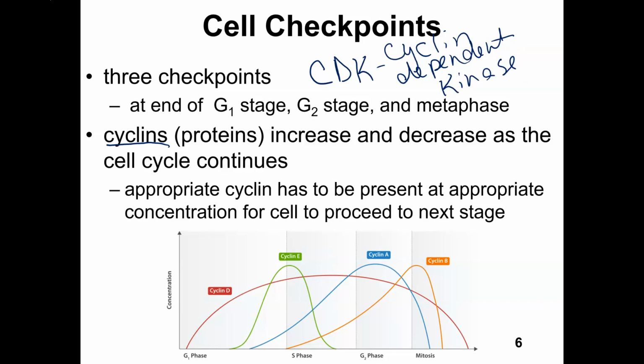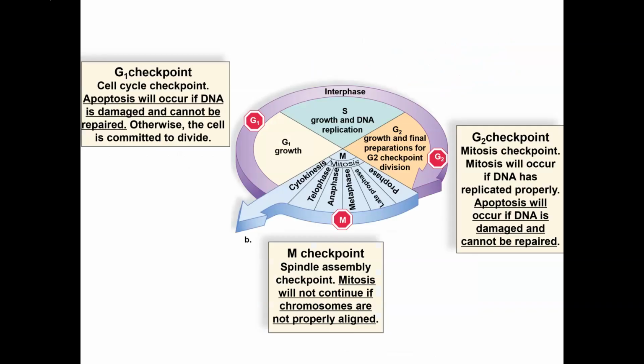So cyclins and CDKs work together, and they help to maintain the cell cycle. And so in the first stage, in G1, at that checkpoint, the cell is going to check to make sure that the DNA is not damaged and that the cell is large enough.